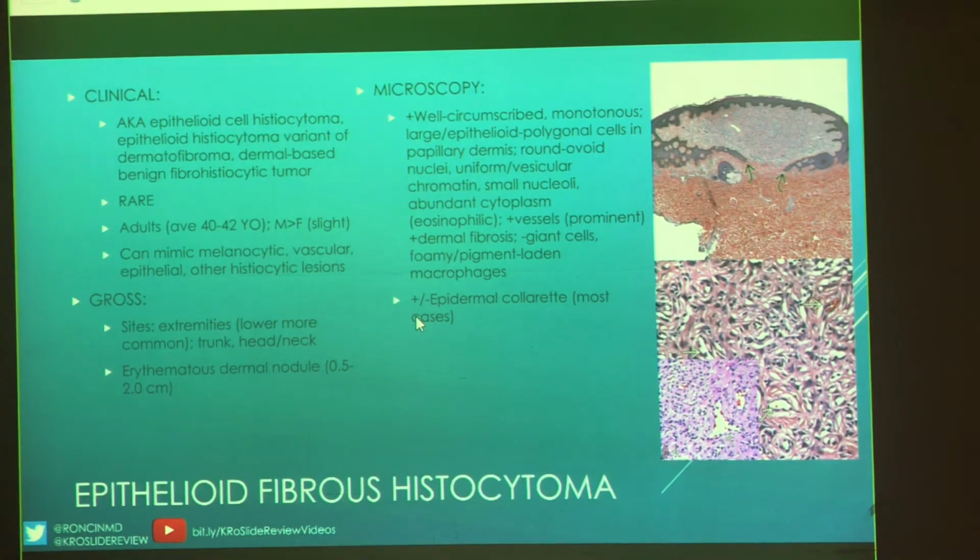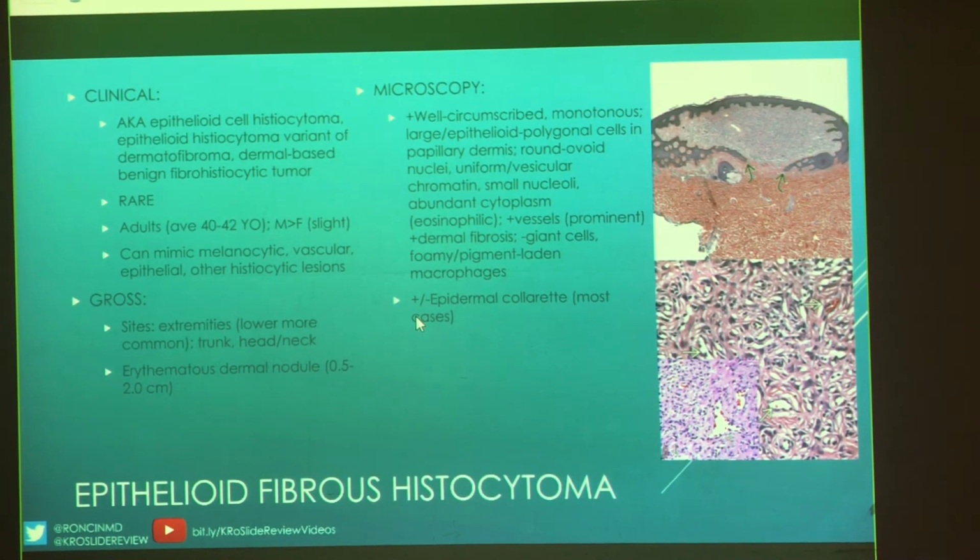Grossly, they tend to occur on the extremities, legs more often than arms, also on the trunk or head and neck, and they're erythematous nodules that are either half a centimeter to 2 centimeters in size, so a decent sized nodule. Under the scope, we have very well circumscribed monotonous epithelioid cells in the papillary dermis. They have very round ovoid nuclei, so they're very, very bland.